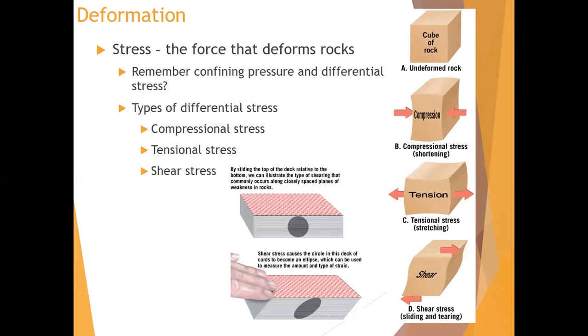This is what happens at divergent boundaries. And then we have shearing stress. This is going to cause the sliding and the tearing because you're pulling different portions of the rocks in different directions. This is the result of the movement of one plate past another plate.